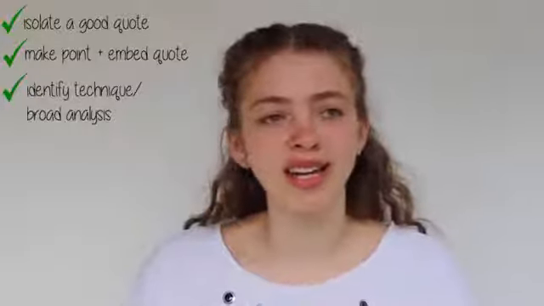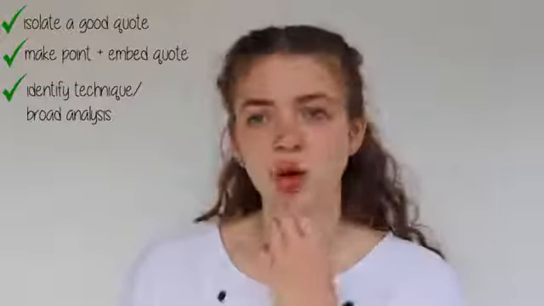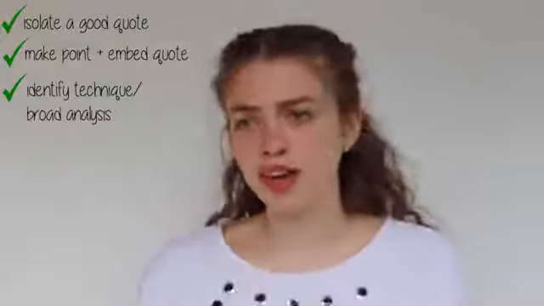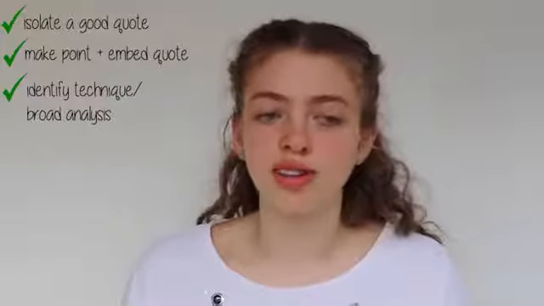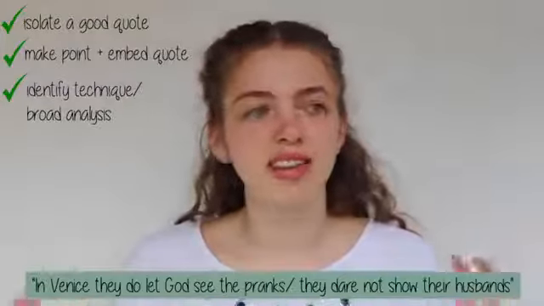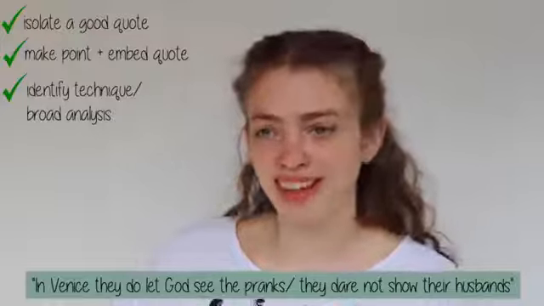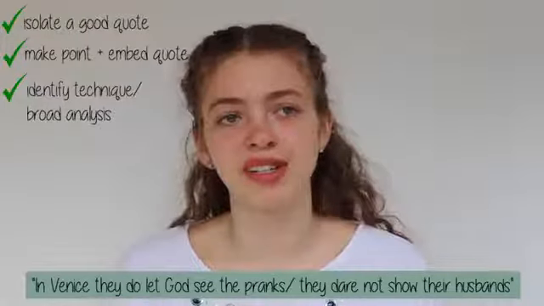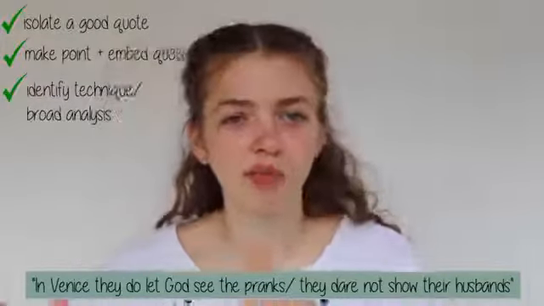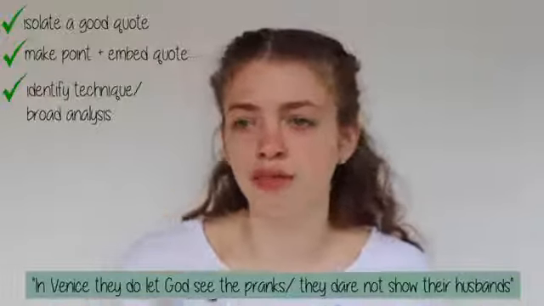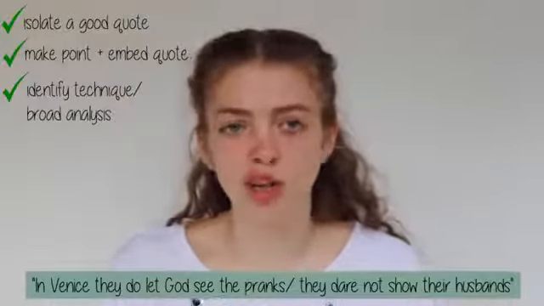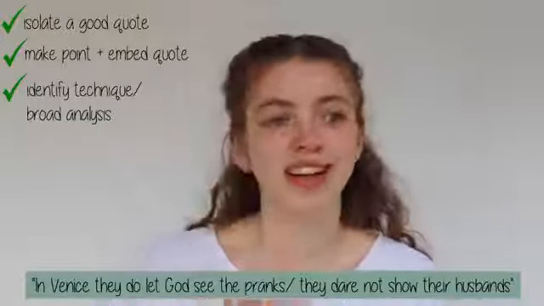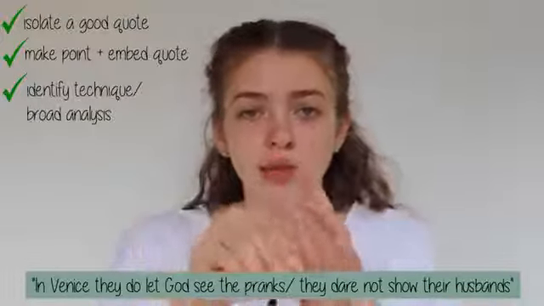So, right, okay, I might give you an example. Let's analyse a quote from Othello. So, Shakespeare writes in Iago's dialogue, "in Venice they do let God see the pranks they dare not show their husbands." So my first point would be, oh yeah, broadly this quote demonstrates unfaithfulness, or whatever the question is, just more broadly. Okay, next, I'm going to go slightly more in depth.